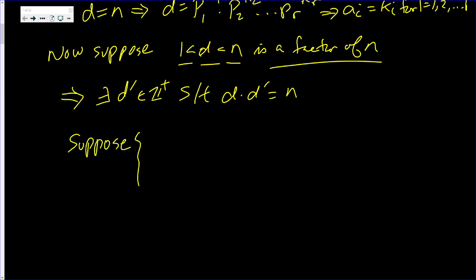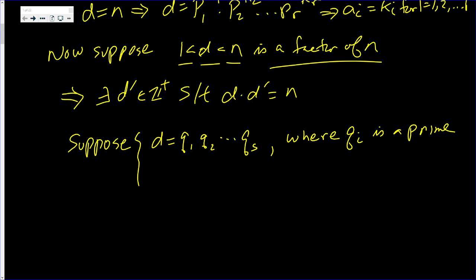Suppose that d is equal to q1 times q2 all the way up to q sub s, where q sub i is a prime. And d prime is equal to t1, t sub 2 up to t sub u, where t sub i is a prime. Okay.